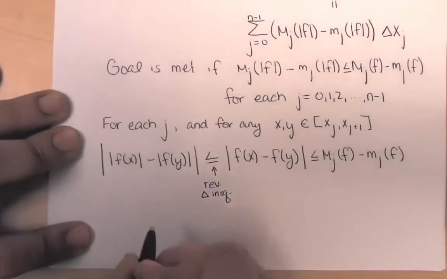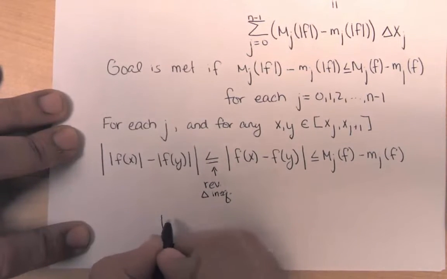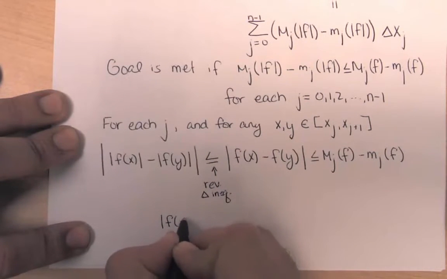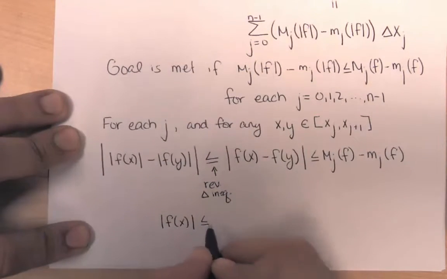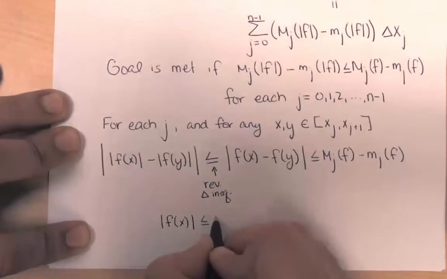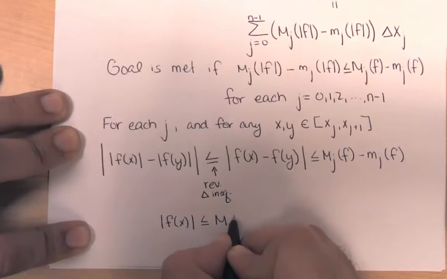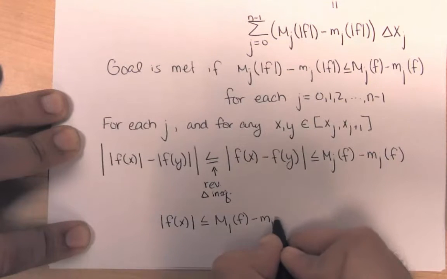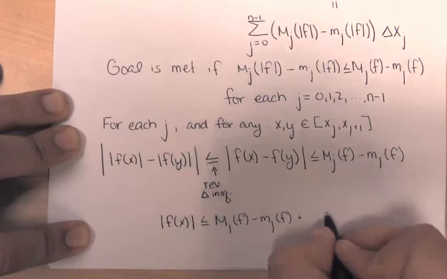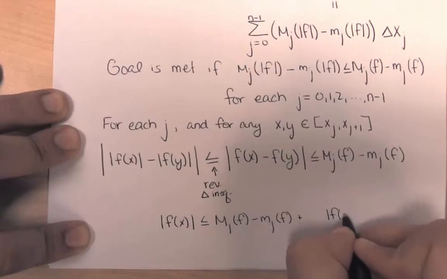It follows then that the absolute value of f of x is less than or equal to big Mj minus little mj, the supremum minus the infimum, plus the absolute value of f of y.